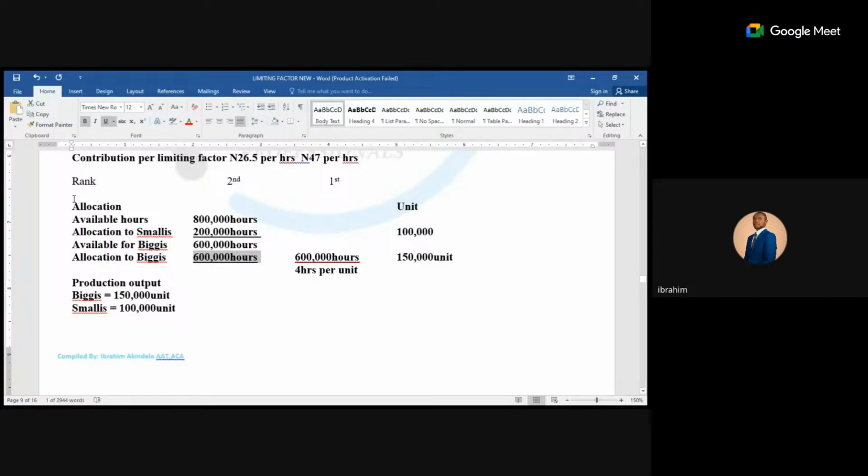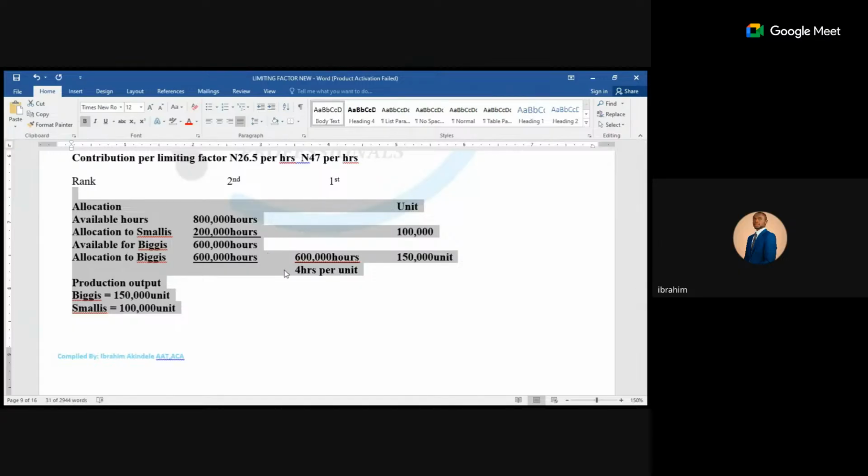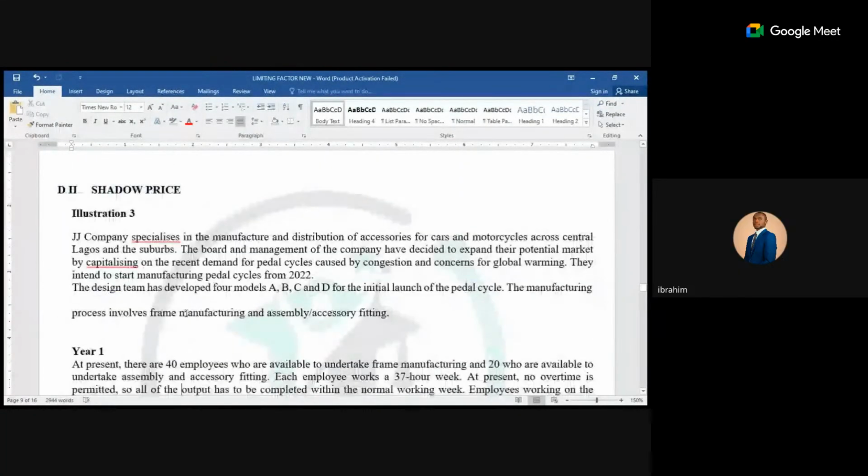Then we will say what our contribution will be. Now let's quickly do that. Let me copy this, only for biggies. We should not forget that our constraint is only on biggies. We don't have the capacity to produce everything.